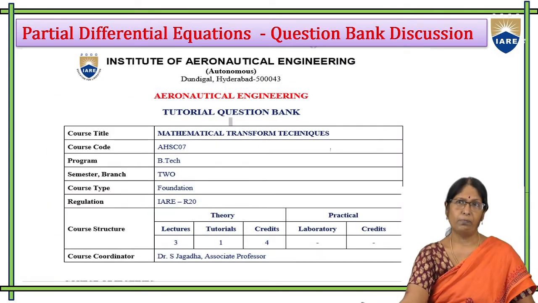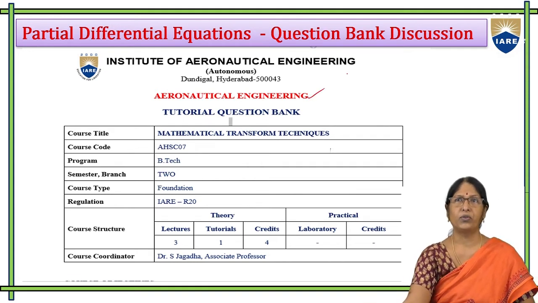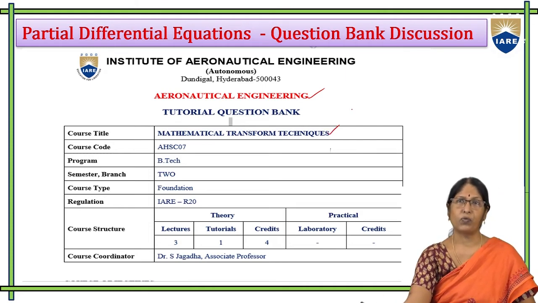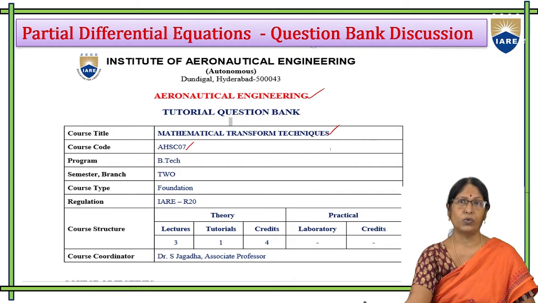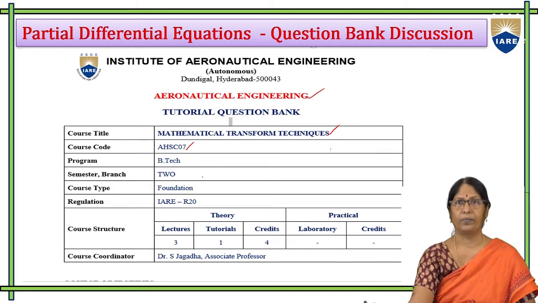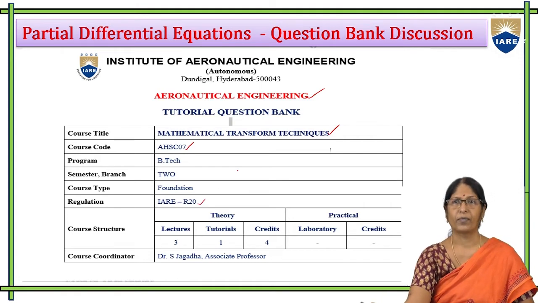So the question bank system in our college, Institute of Aeronautical Engineering, the subject name Mathematical Transform Techniques, the subject code which is allocated is AHSC07. This is for BTech first year, the second semester. The regulation is 20.